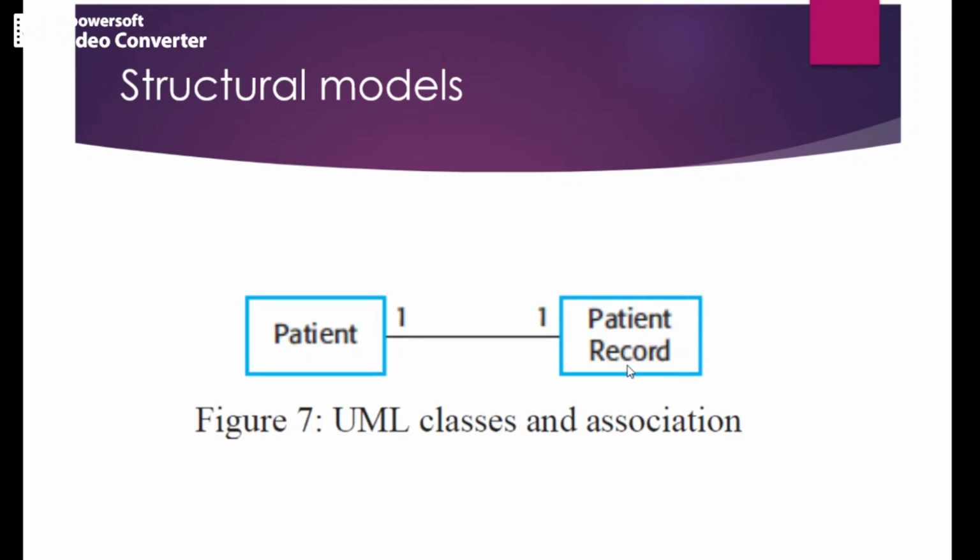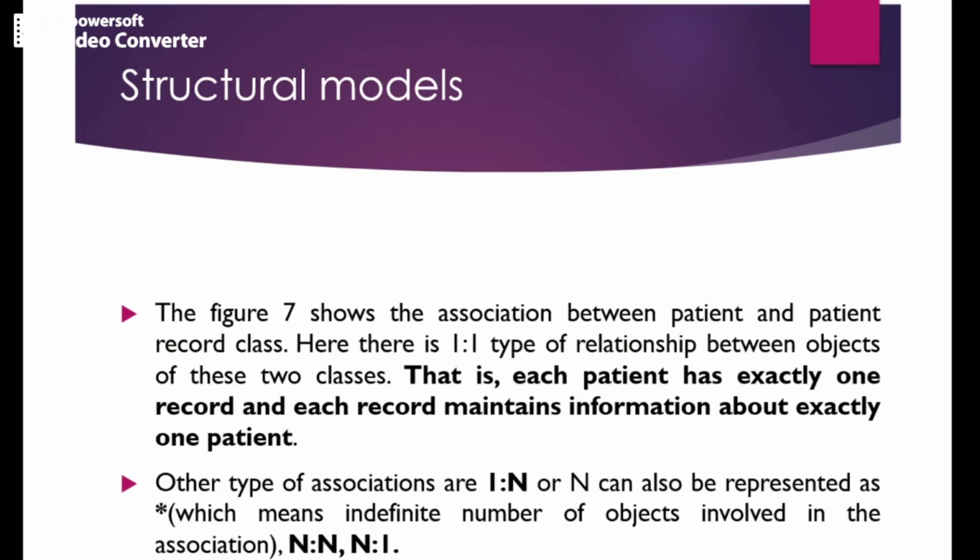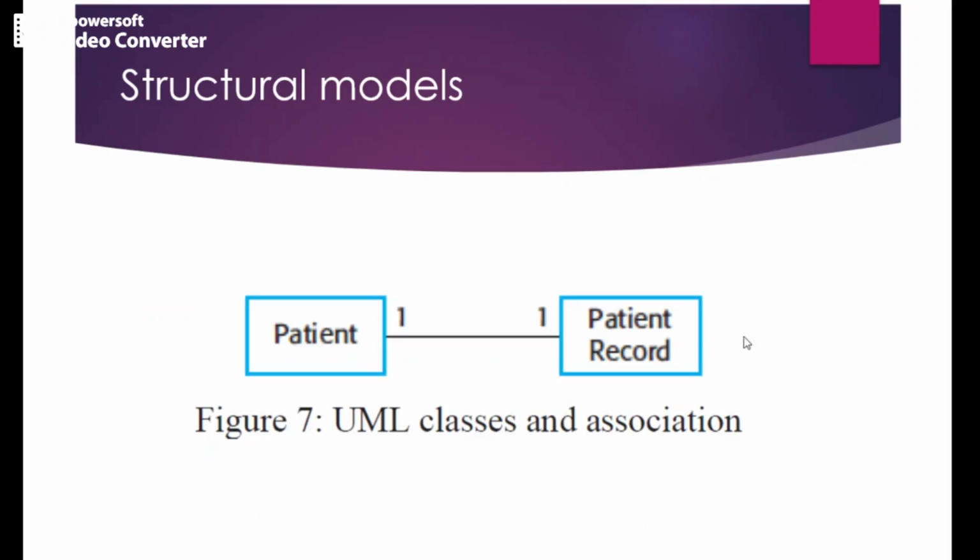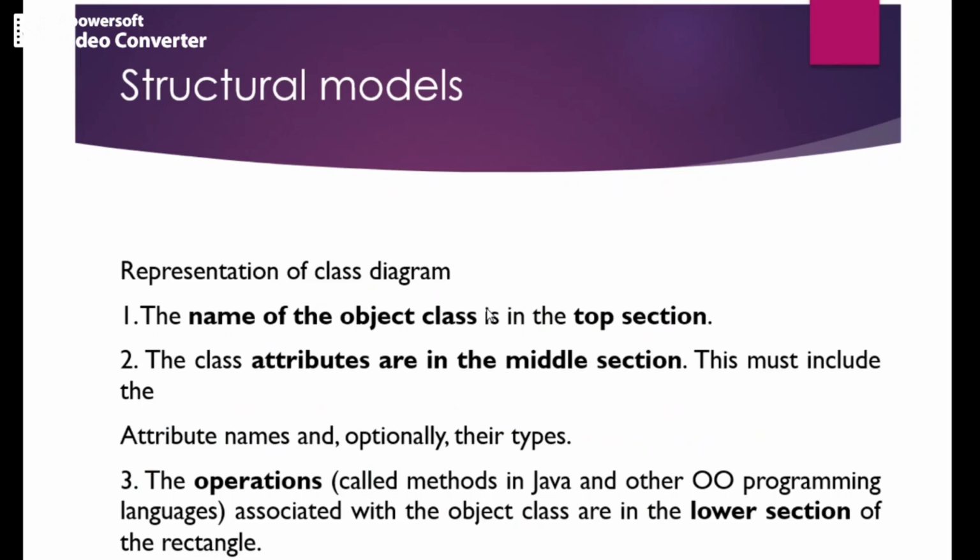So from both sides it should be 1:1, no? You have to check like that. Each patient has exactly one record, and each record maintains the information about one patient. So this is a 1:1 type of relationship.